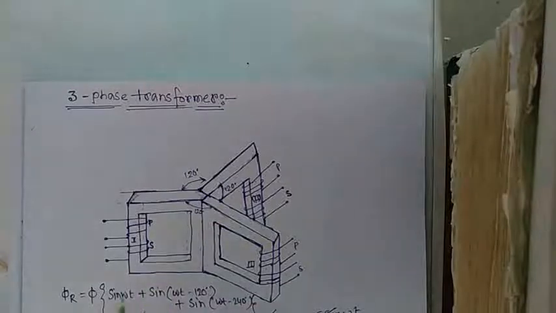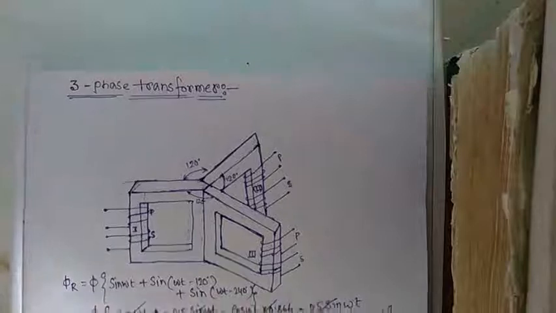The resultant phasor sum of flux in the center limb should be equal to 0.